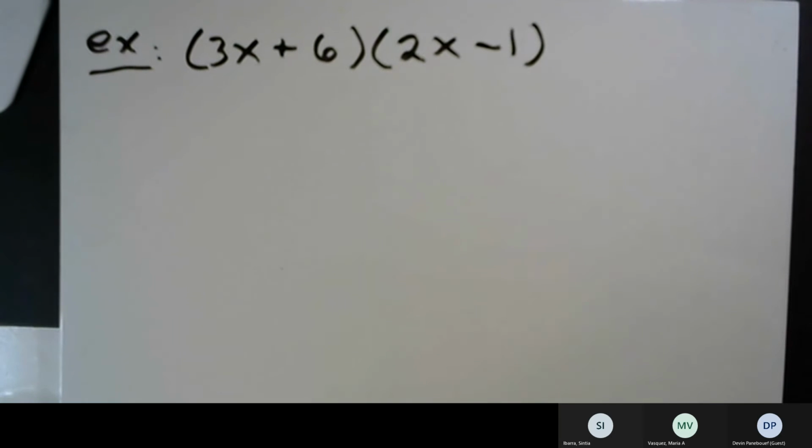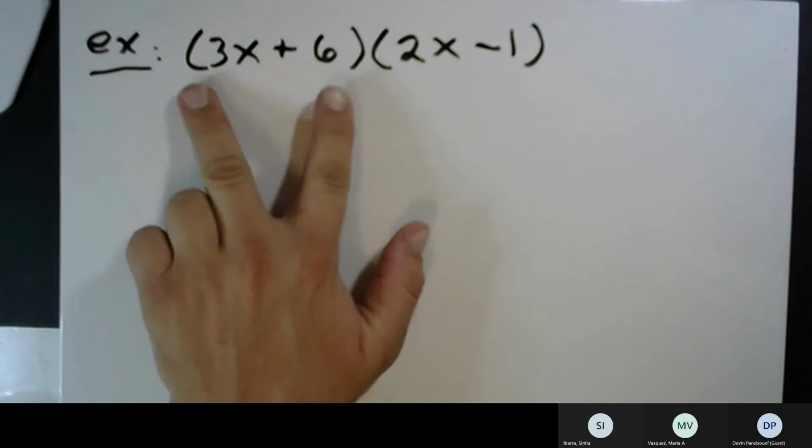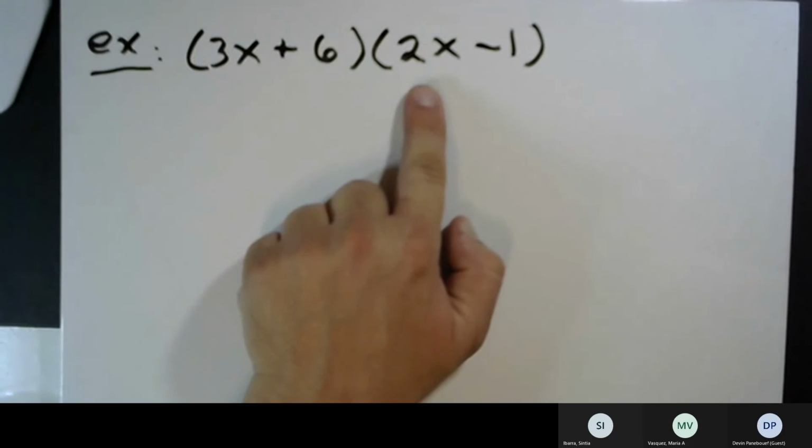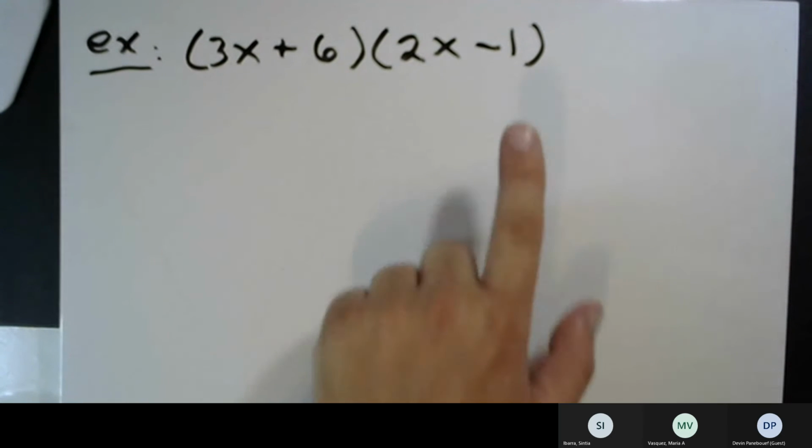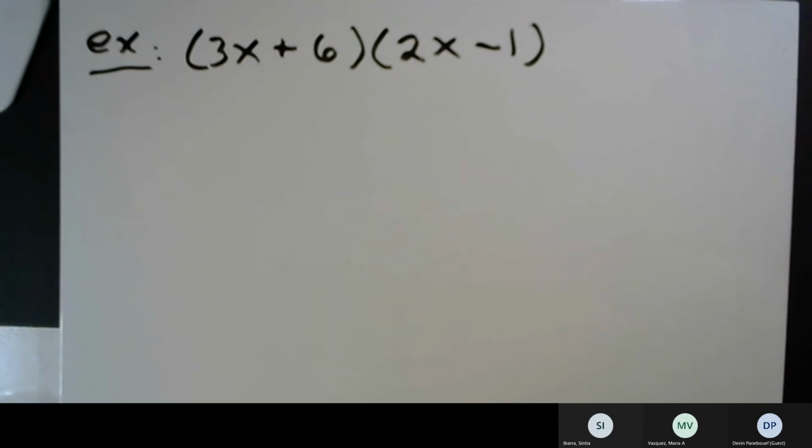Now there's a shortcut for this. Now there's a way you can do this. You can take this binomial and distribute the entire thing to the 2x and do the -1. You could do that. But we're going to use FOIL.